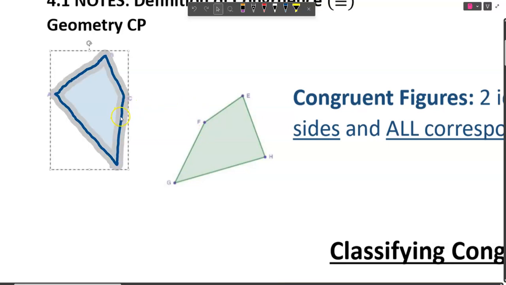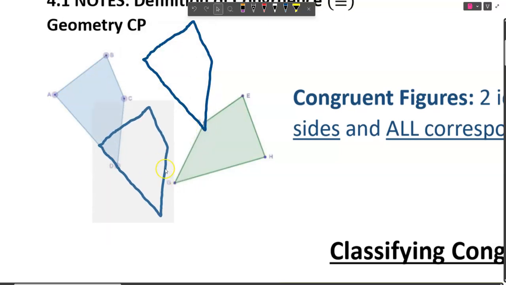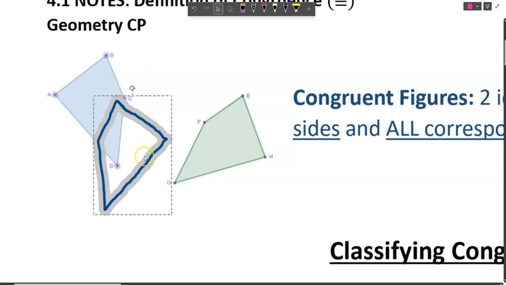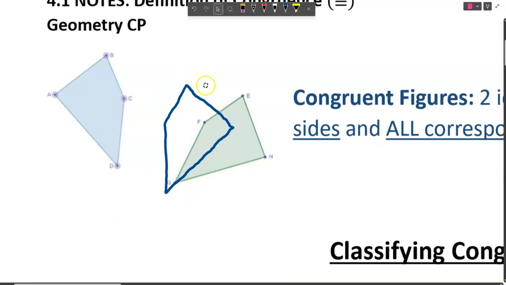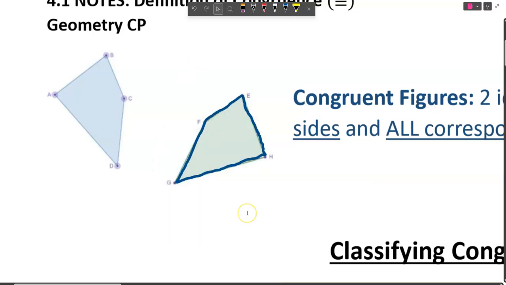For example, if I take this blue shape, I can move its outline over here. If I flip this and rotate it around, I can show you that in fact the green shape and the blue shape are exactly the same. They're the exact same measures.